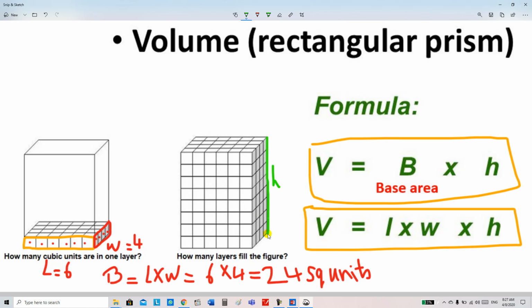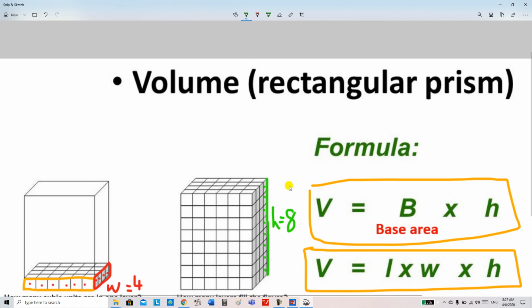Let's count the number of layers, or the number of cubes, in this height: 1, 2, 3, 4, 5, 6, 7, 8. So the height here equals 8 units.